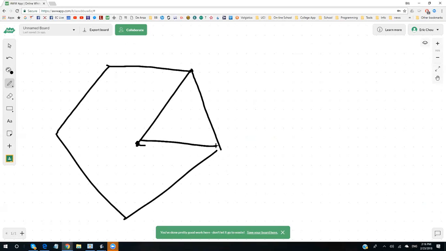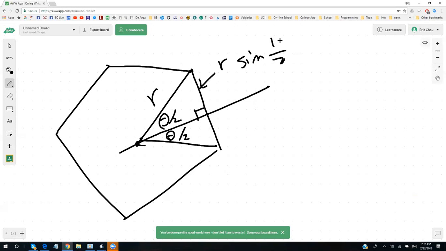Here I have the theta, but let me cut it in half: theta, theta, half theta, half theta. Here this is r. This side is r sine half theta. This one is r cosine half theta, right?